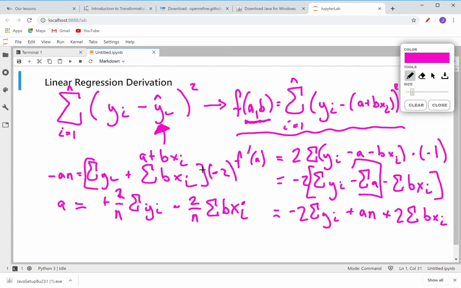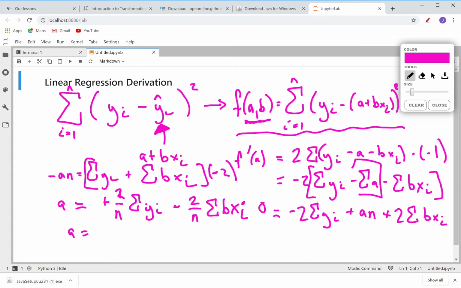But if I add something up and divide by how many, all of that in both of these is an average. So I can rewrite a equals, oh, wait a minute, before I did this, I should have just set this equal to 0, so we can get that 2 out of there.